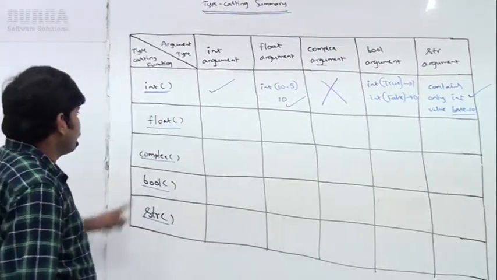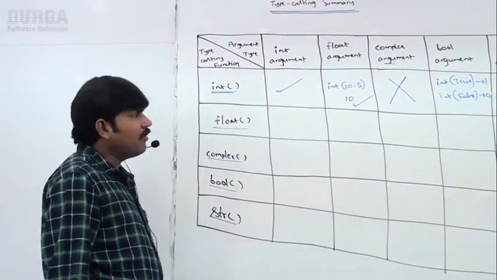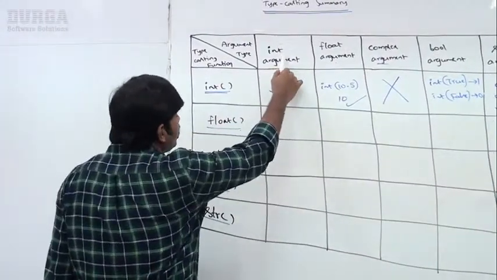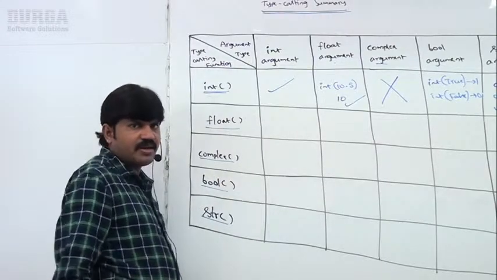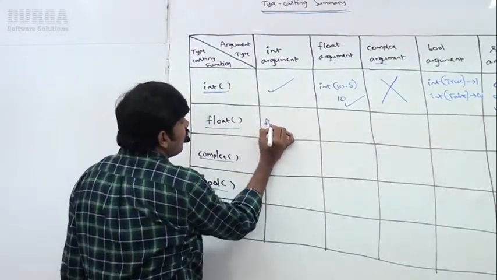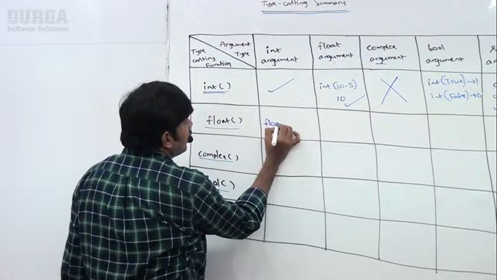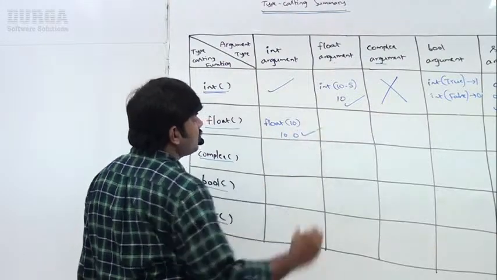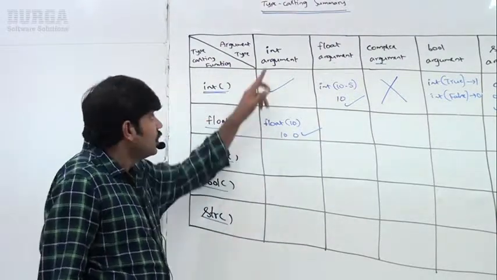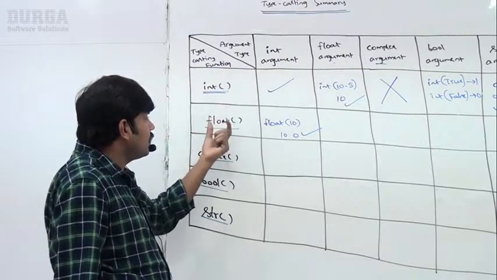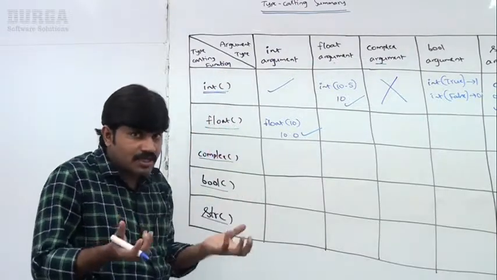Sir, what is the second one? The float function, sir. Can I convert int to float? Yes, why not? Happily you can do that. Float of 10, you get 10.0 as the answer. Yes, an int argument you can pass to float, and you will get the corresponding float value.